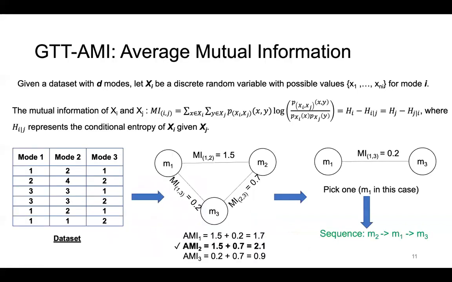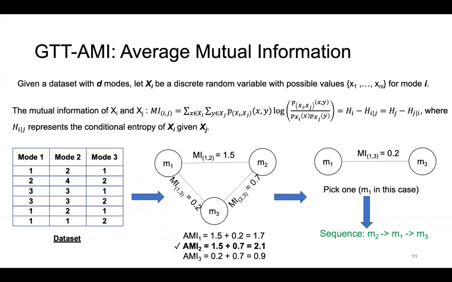And the third selection strategy we call the GTT-AMI, which is average mutual information. So again, if we have the raw data set in the tuple style, we want to abstract the pairwise information between different modes.